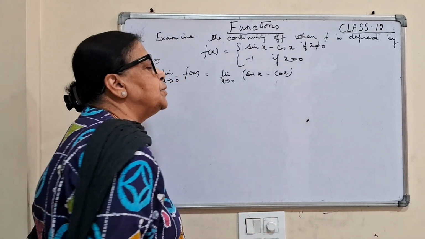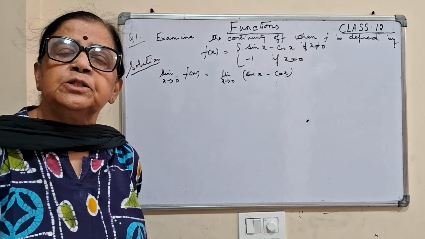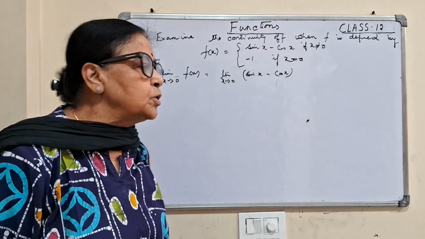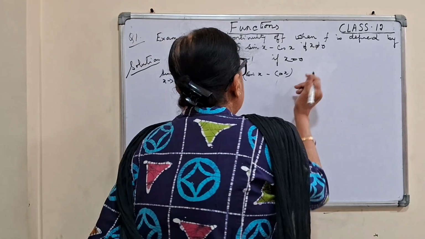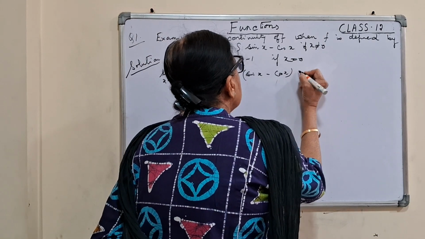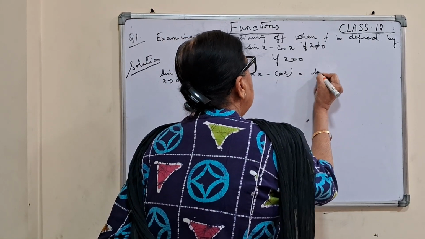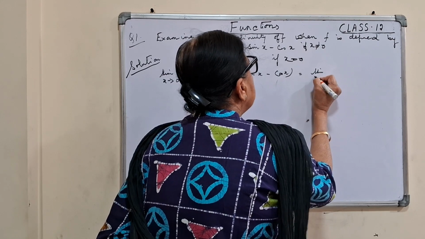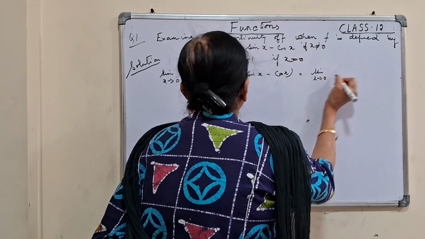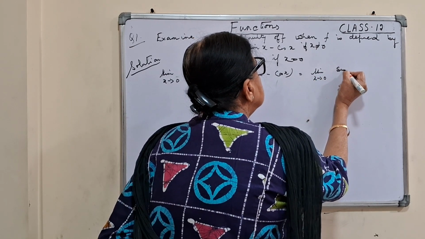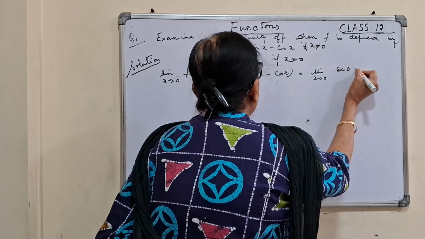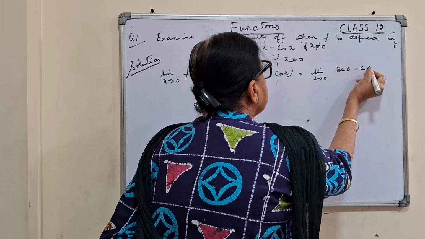When x is not equal to 0, that means x can be greater than 0 or x can be less than 0 also. So then this is equal to the limit as x tends to 0 of sin 0 minus cos 0.